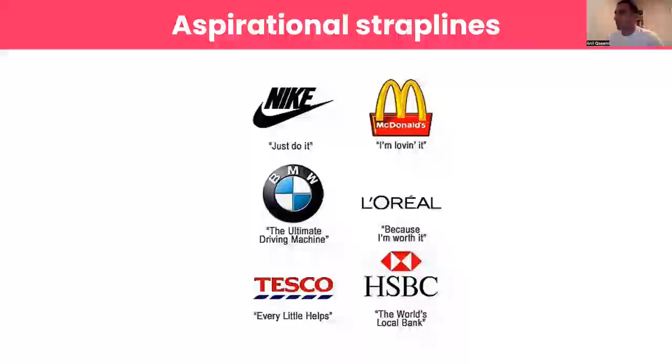And they make you feel a feeling. We often interact with some of them, and you have that feeling. Just do it, but you don't have to say sports equipment, because we all know what Nike is about, and the same with other brands that we interact with on a daily basis.